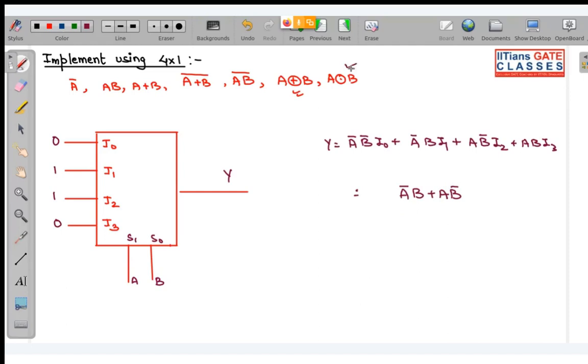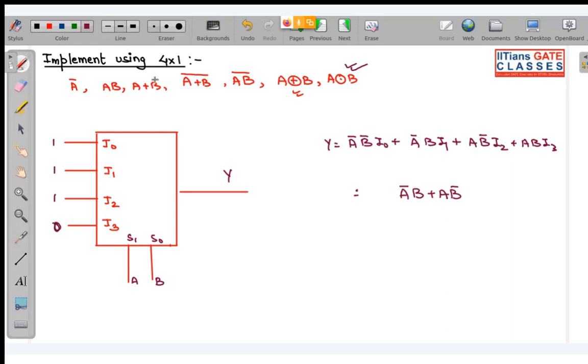Similarly, if I want XNOR, I can simply make the inputs 1 0 0 1. If I want A complement B, meaning NAND operation, I take this and I will get NAND.